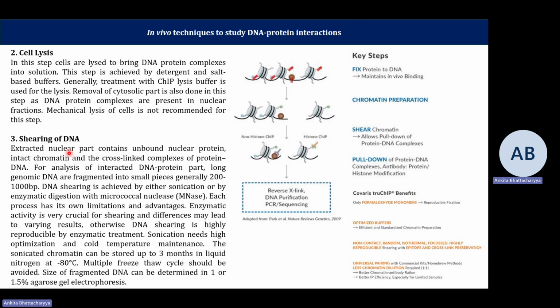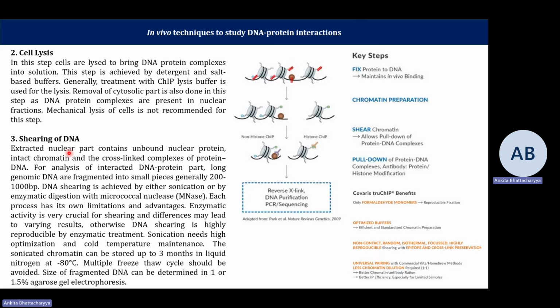So, what do we mean by that? Basically, the extracted nuclear fraction contains A, the unbound nuclear protein, B, your intact chromatin, and C, the cross-linked complexes of protein and DNA. From this pool, you wish to only study the interacting DNA and protein regions.